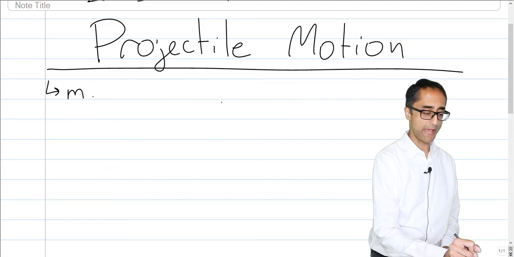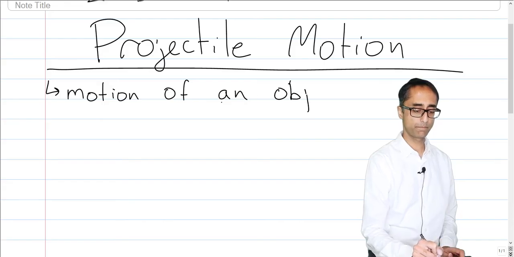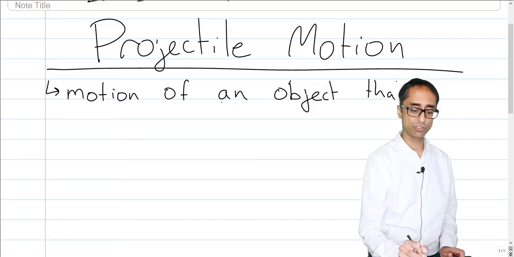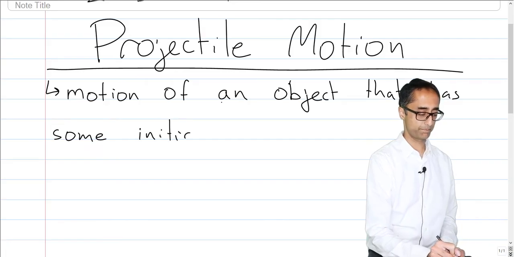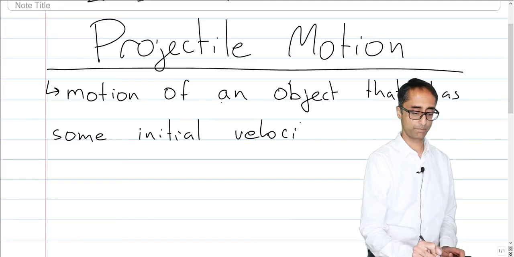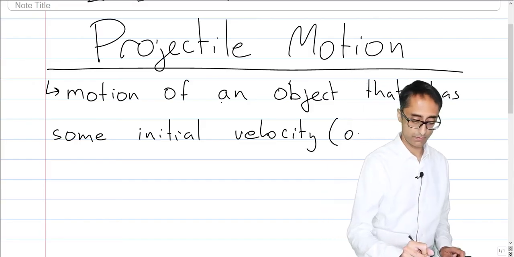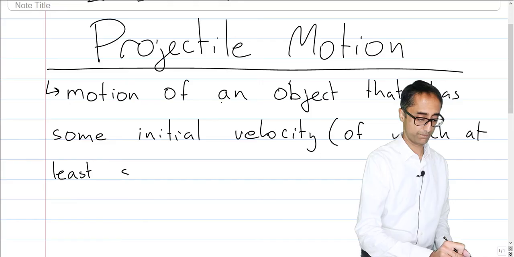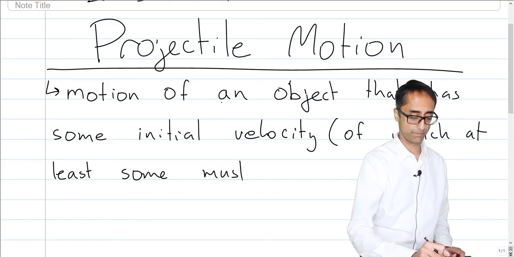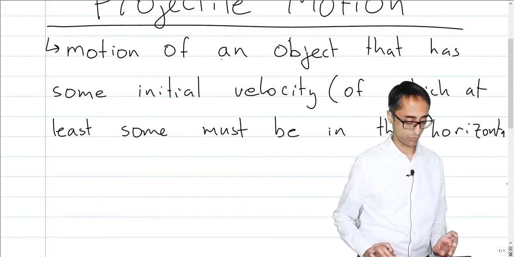Let's define projectile motion as the motion of an object that has some initial velocity of which at least some must be in the horizontal direction.